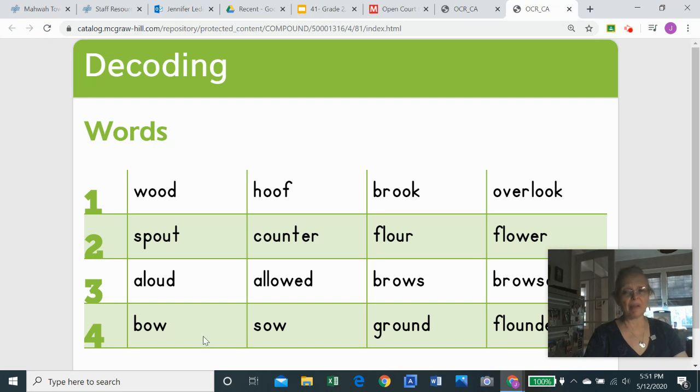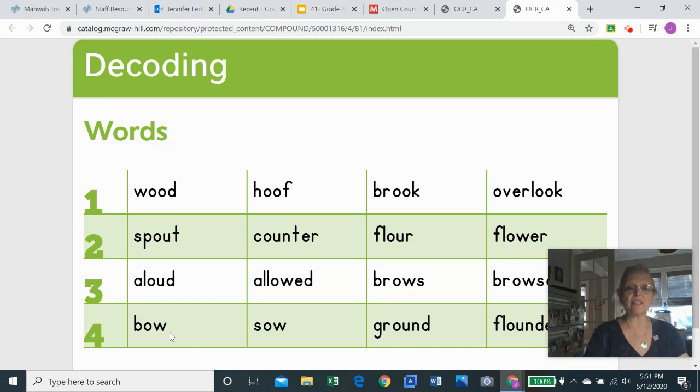Now, there's something special about these words. These words are homographs, and I'm going to talk more about these words in tomorrow's lessons, but let me just go over them with you. Homographs are different than homophones. Homographs are words that are spelled the same way, but they're read differently, they sound different, and they mean different things too.